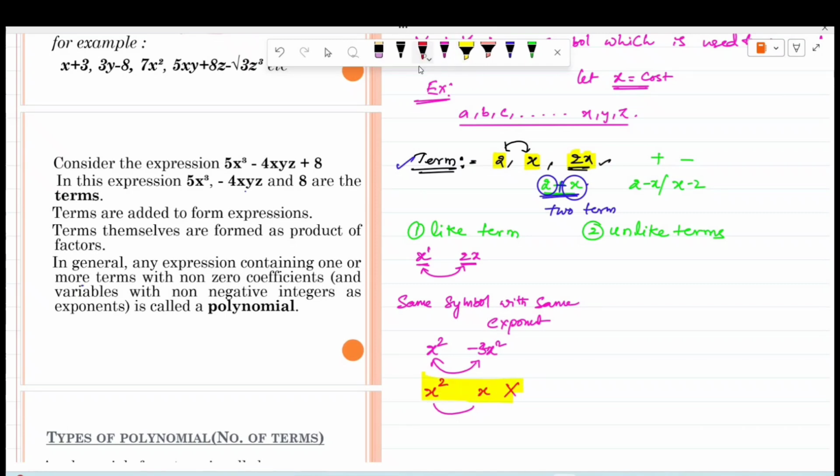This comes under unlike terms. So what is meant by unlike terms? Terms which have the same variable with a different exponent, or different variables.